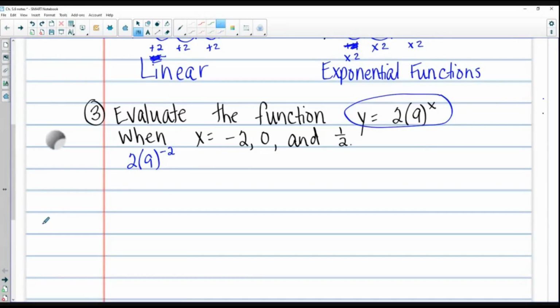Okay, so here, do you remember that that -2 means this goes to the bottom? So this is actually 2 over 9 to the 2nd power. And when you do 2 over 9 to the 2nd power, you end up with 2 over 81. And this is the first answer.